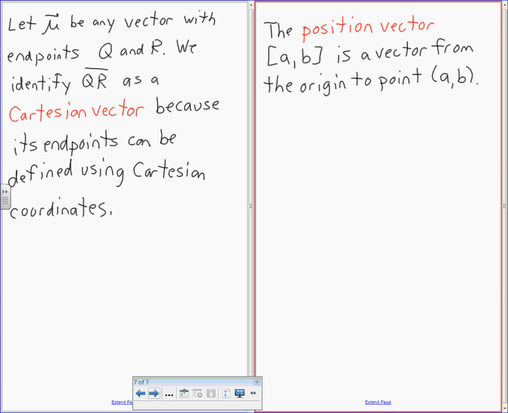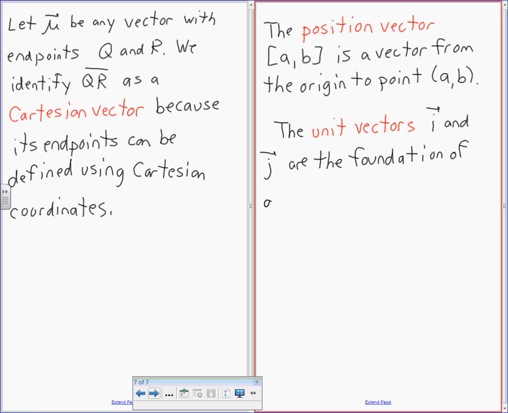More notes. The unit vectors i and j are the foundation of algebra with Cartesian vectors.